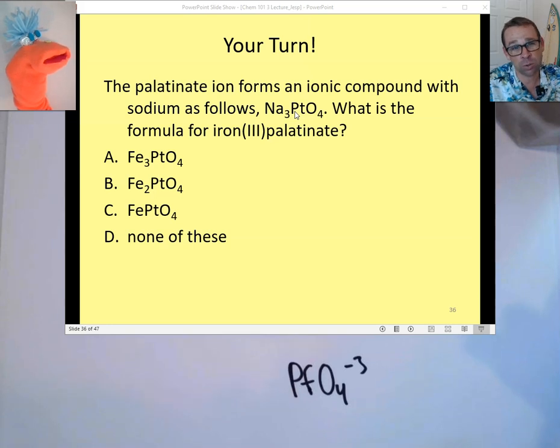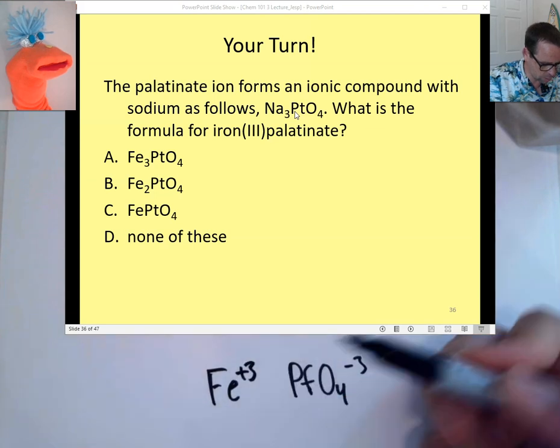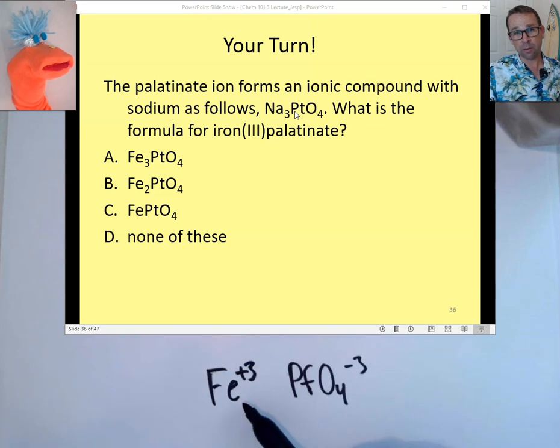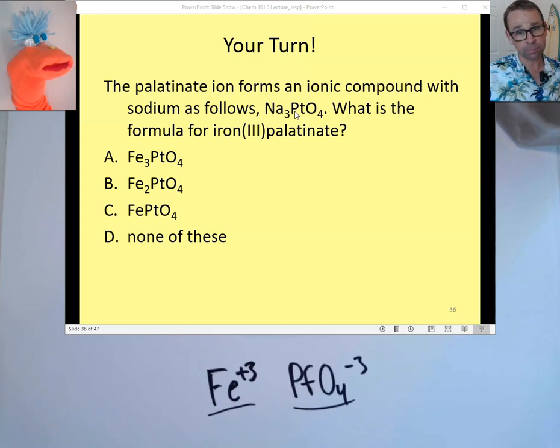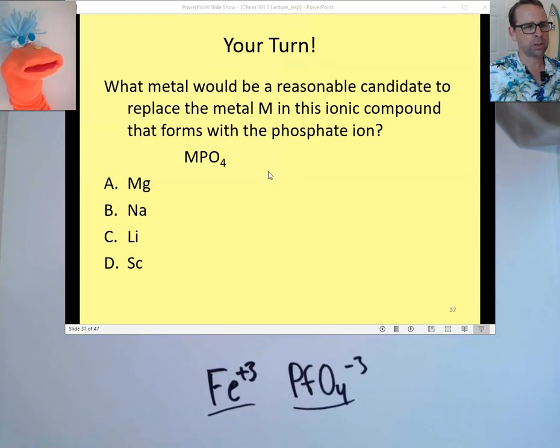We can have a +2 charge or a +3 charge on our iron ion, right? So if this is iron 3 platinate, it's not telling us that I have 3 irons, but it's telling me that I have the +3 charge on the iron. Therefore, the ratio between the iron ion and the platinate ion is a 1-to-1 ratio, okay? So the answer here is going to be C. I got it. Very good.